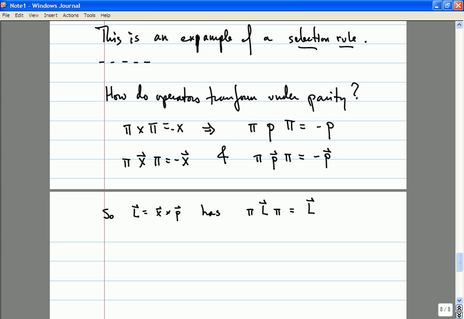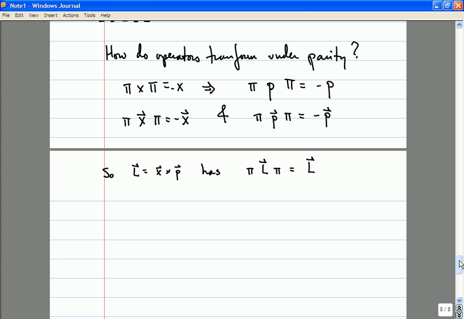Indeed, if you take a rotating top and you look at it in a mirror, the angular momentum vector of the top is the same in the mirror. It's not reversed in the mirror. Okay. And so, we usually have a special name that we associate to vectors of this sort. So x and p are parity odd vectors.